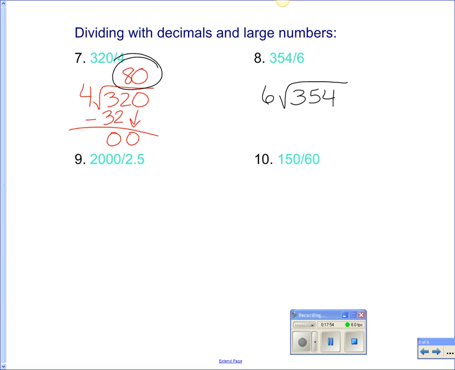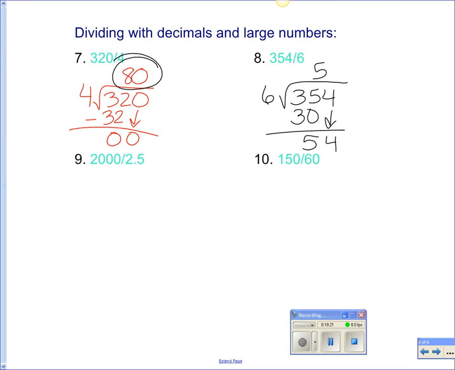Andrew, how many times will 6 go into 35? It won't go in evenly. Yep. 5. Odin, what do I do with this 6 and 5? Yep, which gives me 30. Ashley Brown, what do I do with 35 and 30? Which gives me 5. Tyler, what do you have to do with this 4? Very good.